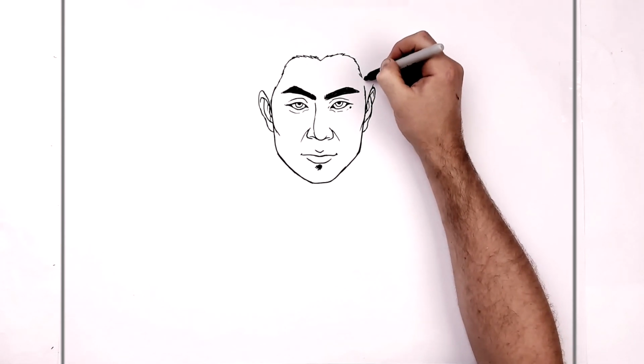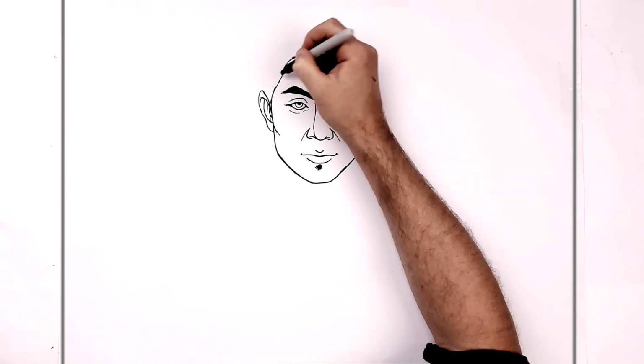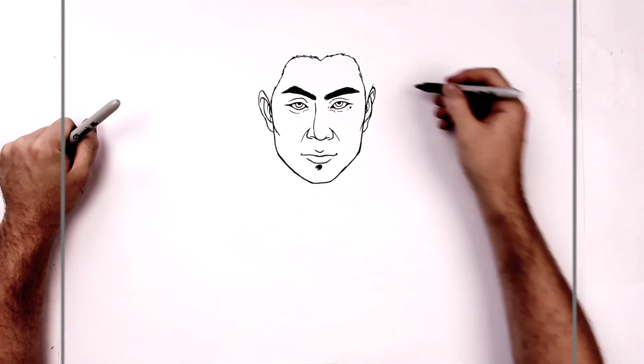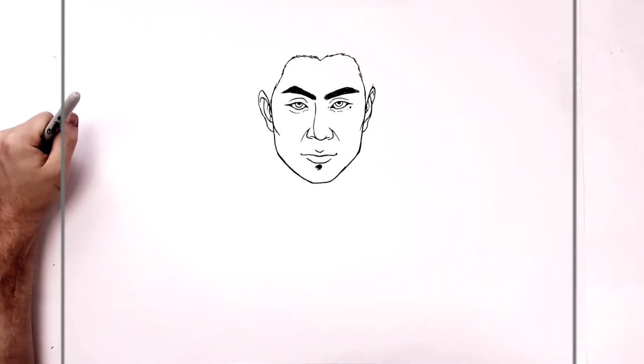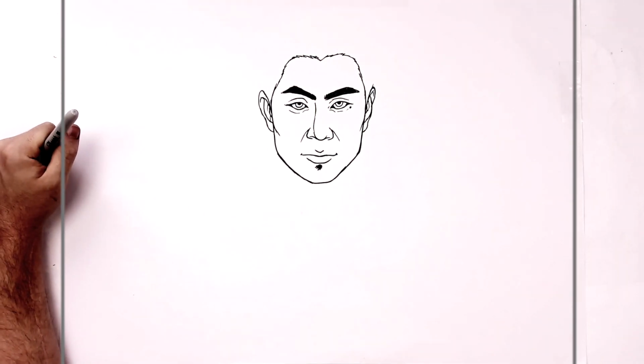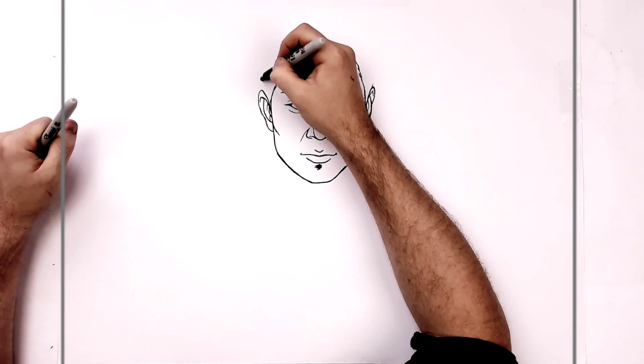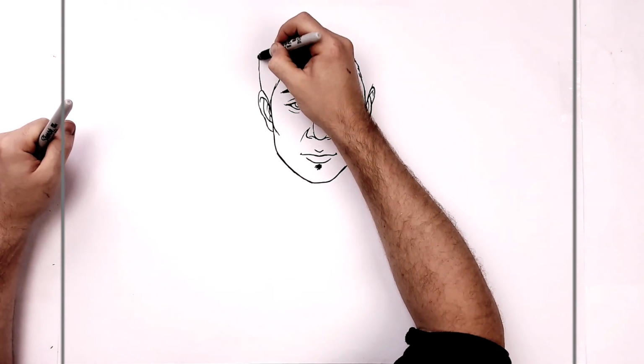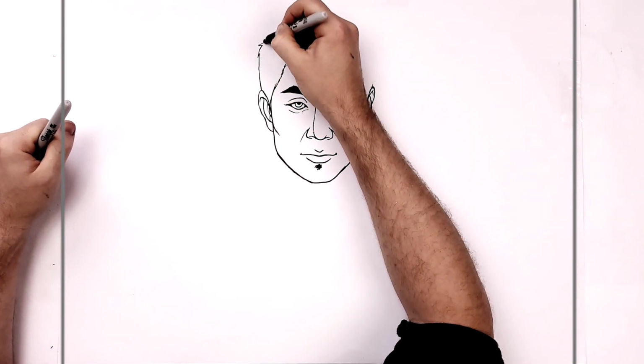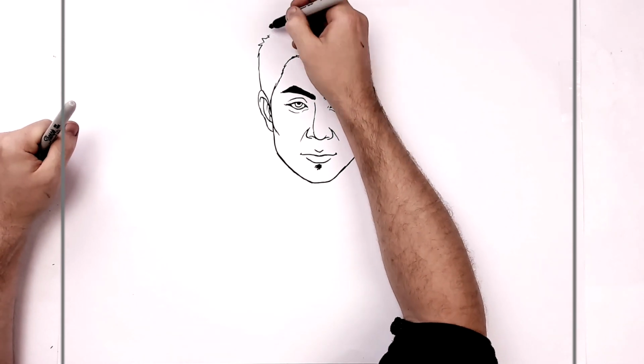He has short hair, like so. And then his head, short hair going all the way around, right? And you can add short spikes every now and then, just sticking up.